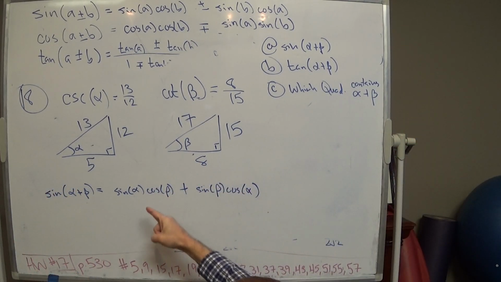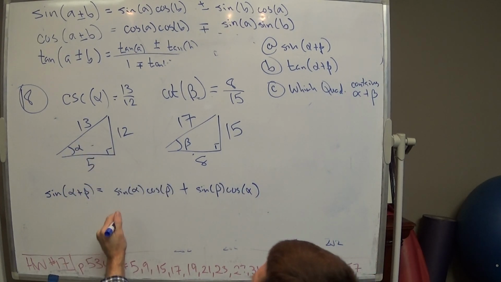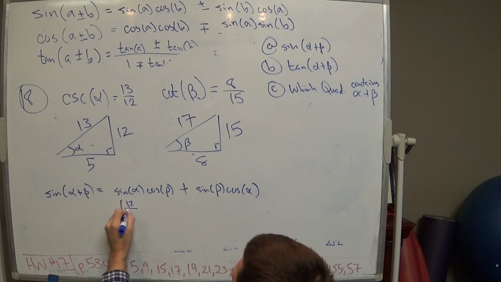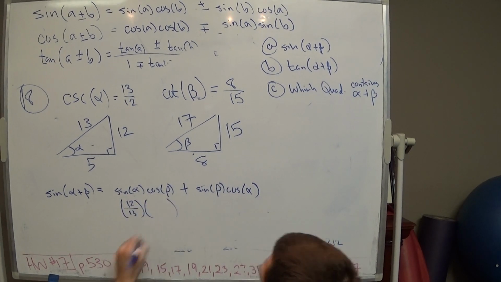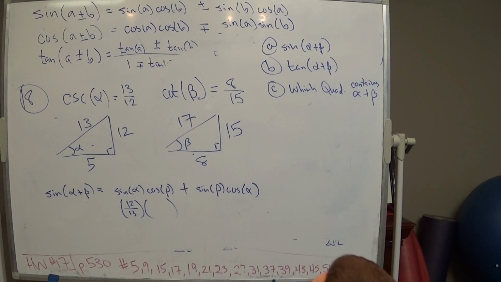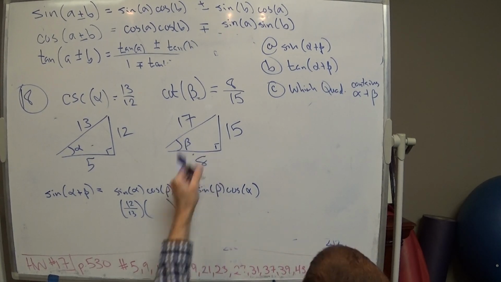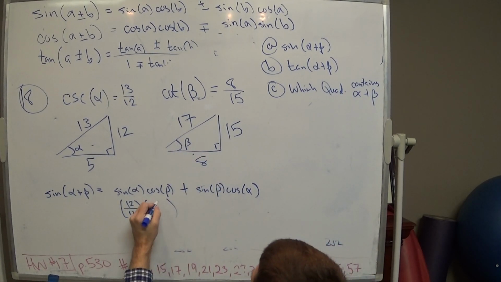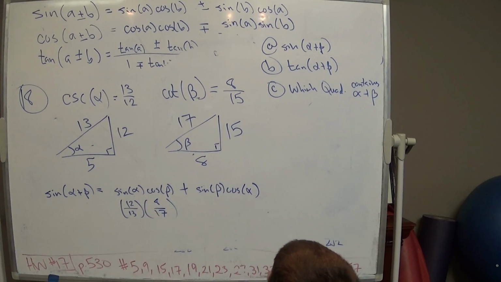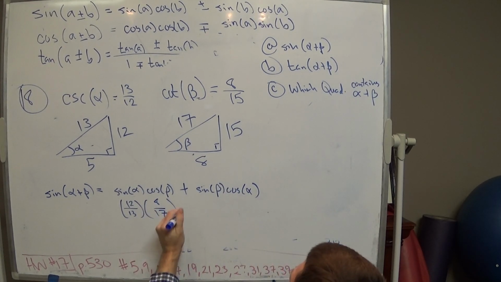Isn't that nice? Sine alpha is what over what? 12/13. Okay, and cosine beta is? 8/17. See, you gotta keep this stuff straight.